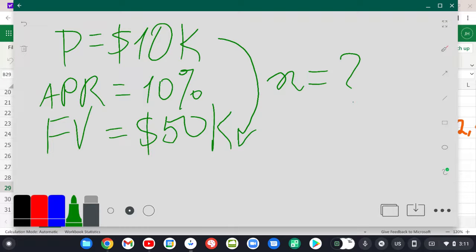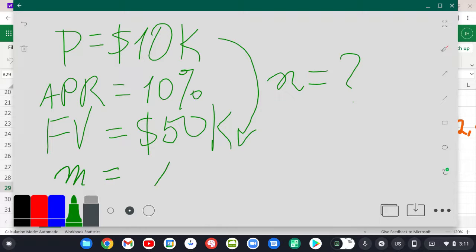The question is n, so how many years, or it could be how many months, depending on what the compounding frequency is, in other words, depending on whether we use annual compounding or monthly, quarterly, semi-annual, daily.